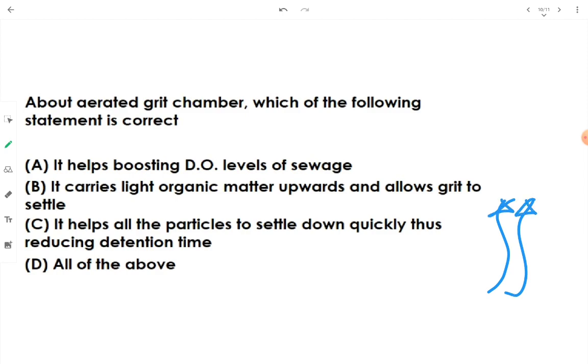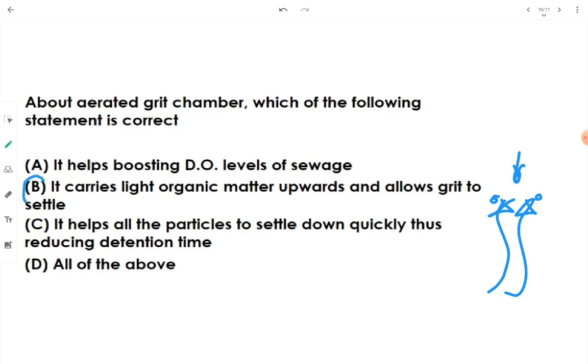The rolls of wastewater are created because of the aeration, and it will be such that it will not hamper the downward journey of grit, but the light organic particles will be taken upward by the aeration. This is how aeration in a grit chamber helps grit particles to settle down and carries off light organic matter upward.